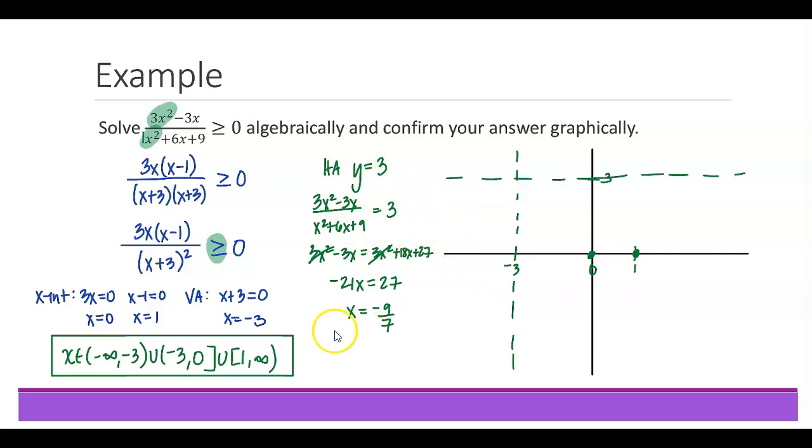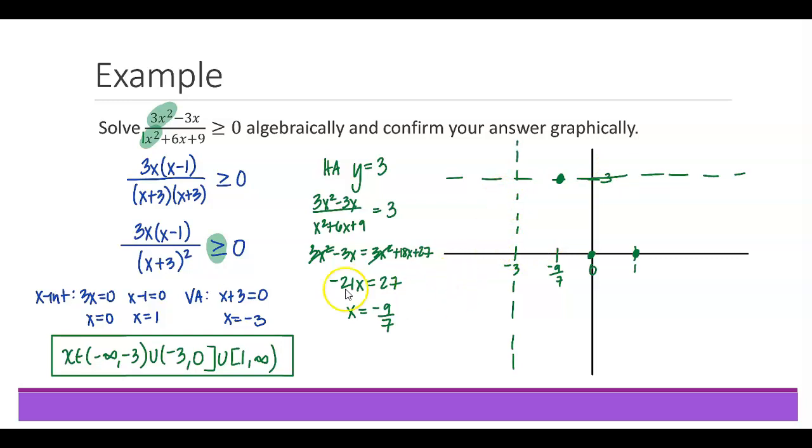And we know that we're going to intersect the horizontal asymptote at negative 9/7. So let's say this is about negative 9/7. We know we're going to intersect that horizontal asymptote there at negative 9/7 and then up at 3. All right, and then now we have to just start piecing together our graph.